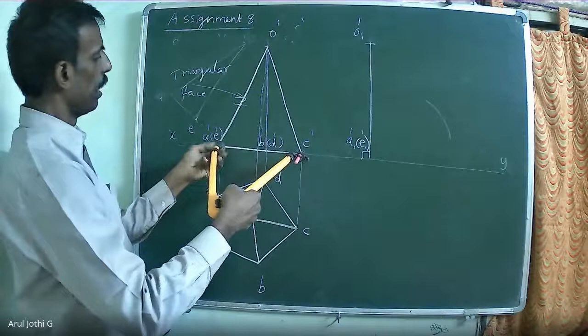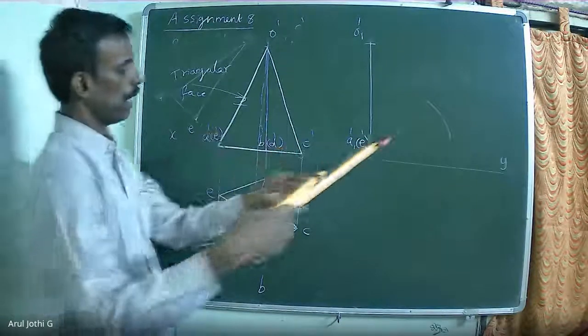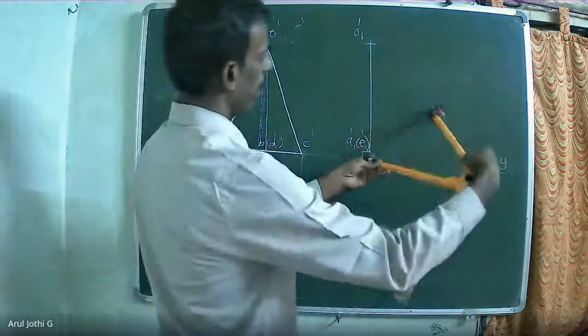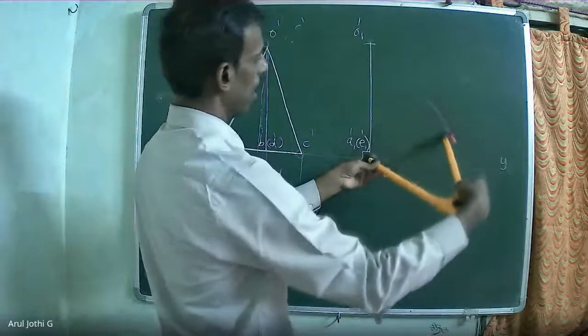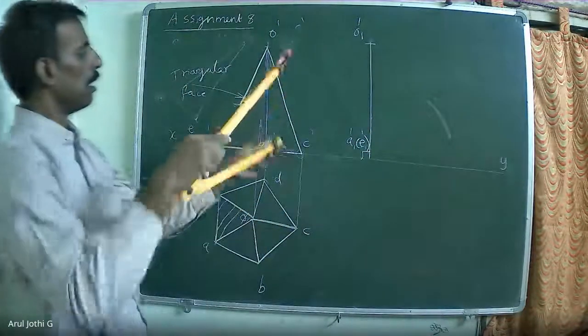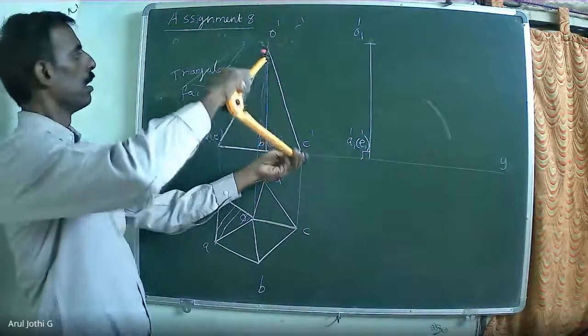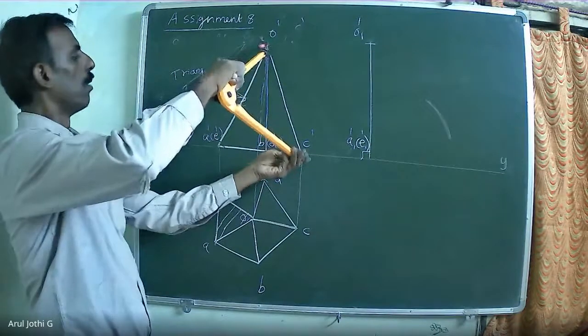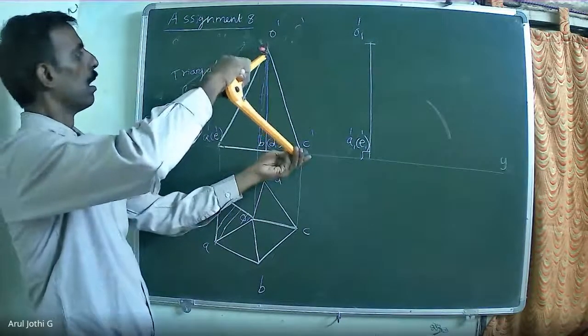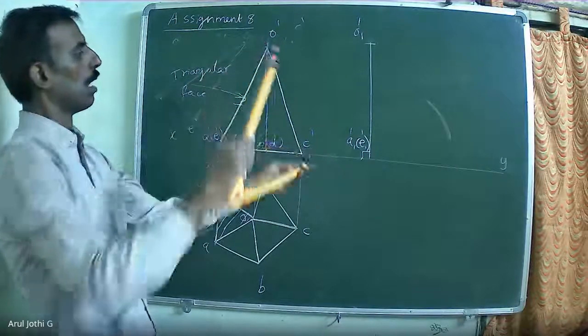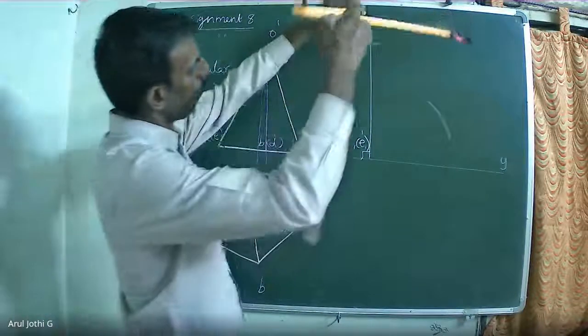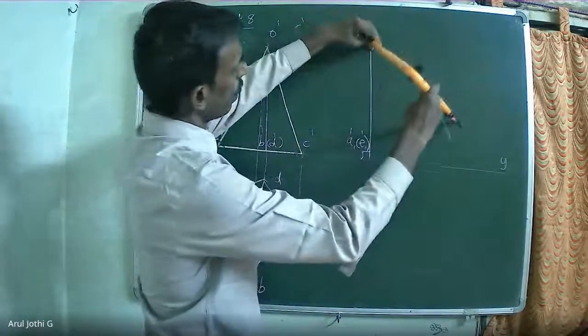So measure A dash, C dash. From here, you will draw the arc. Then measure C dash and O dash. From O dash, draw the arc.